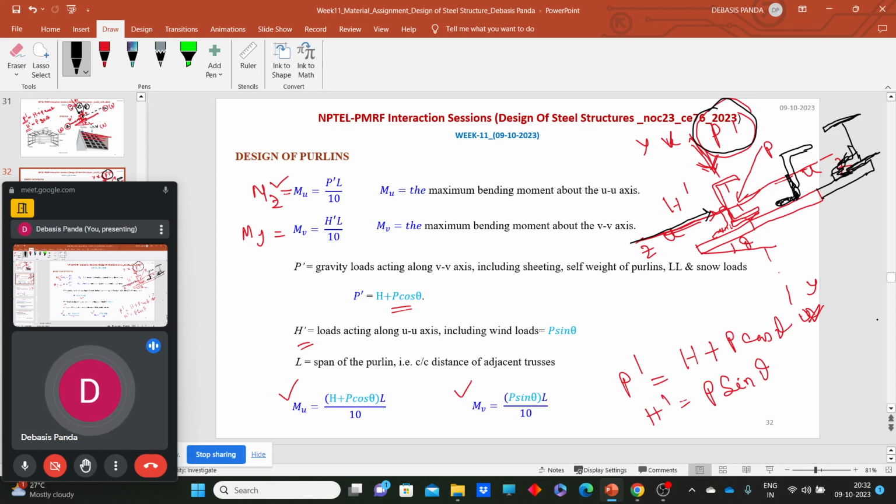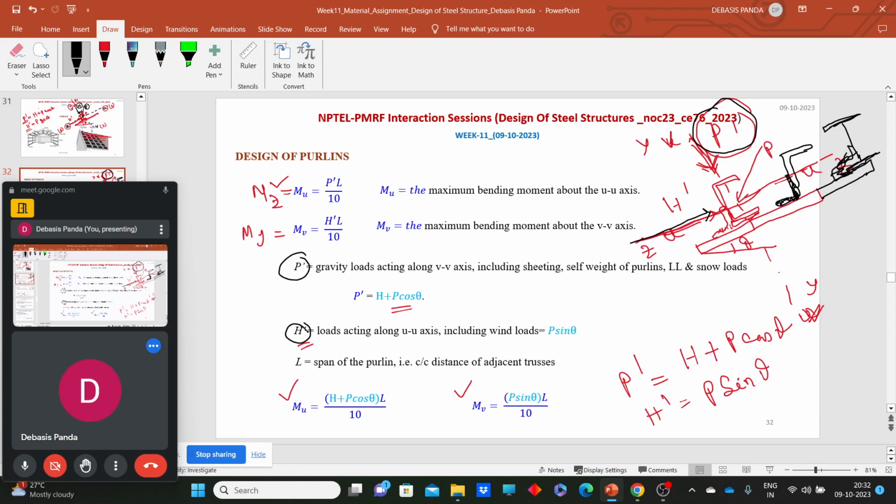Now, once we have calculated the loads, we can calculate the moment, because the purlins are basically designed as a continuous beam. So WL by 10, where P dash and H are the total loads.